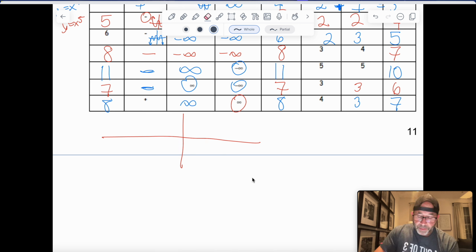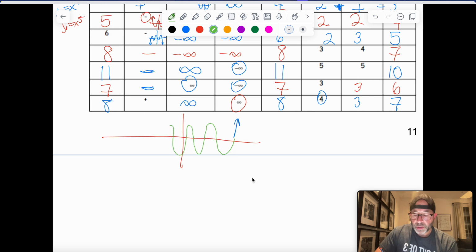Okay? Based off of the only 2 items being given to me, the fact that this goes up forever, and then it's got 4 minimums, watch this. Ready? I'm going to go 1 minimum, 2 minimums, 3, 4 minimums, and then I'm going to take it and actually continue off in this direction here.